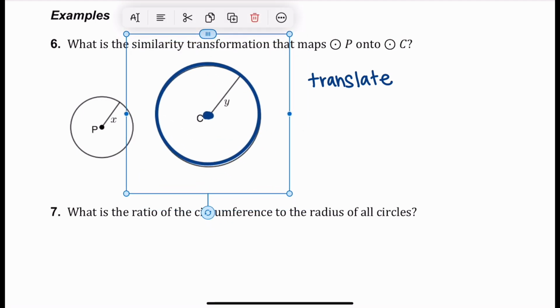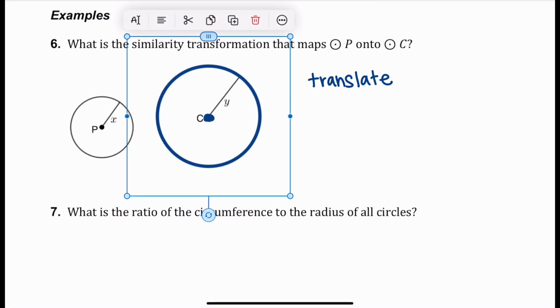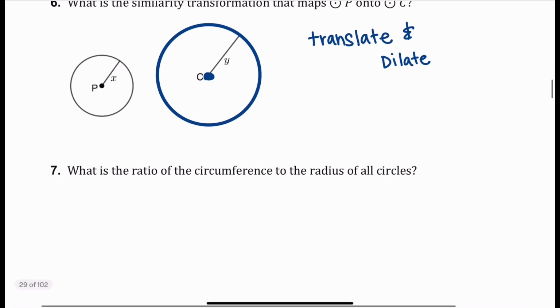If I make it just a tiny bit bigger, I think it will map. So then I need to translate it, and then I'm going to dilate it to make it bigger.